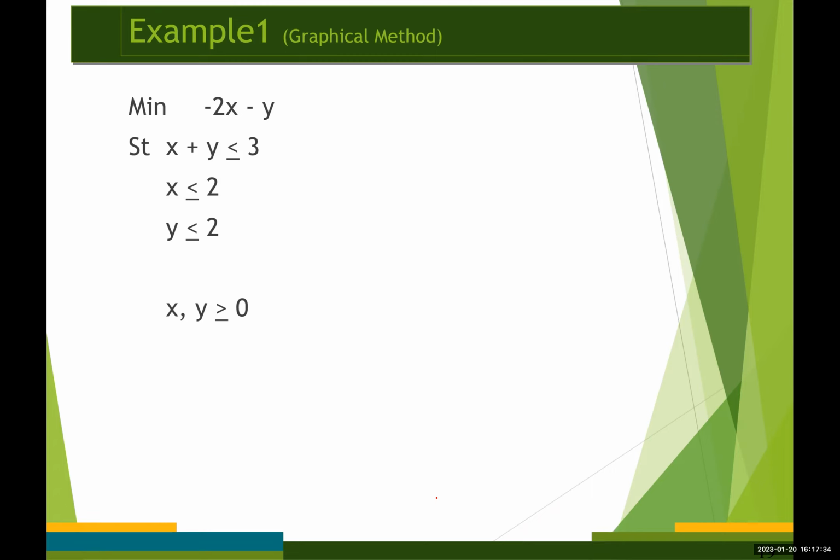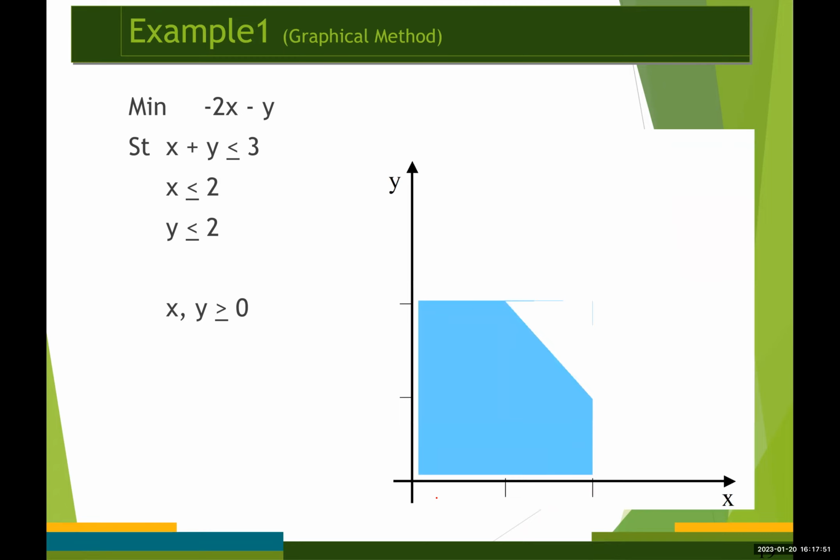Okay, so we want to find the optimal solution for this simple example using the graphical method we just talked about. As you've already noticed, this shaded area is the feasible region, okay? So how many extreme points do we have in the feasible region?